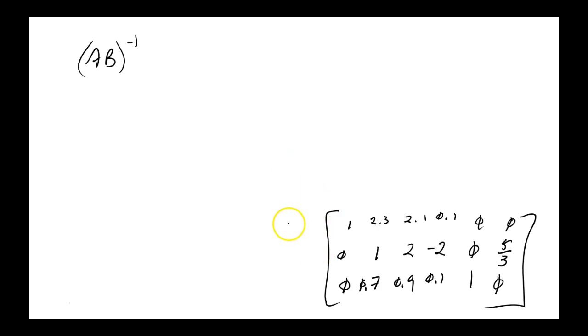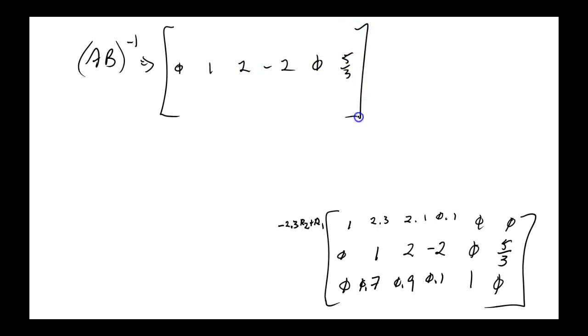All right, so what we're going to do here, just because I like to start with row 1, you don't have to, is negative 2.3 row 2 plus row 1. That should give it to us, right? All right, so I'm going to write down the middle row, 0, 1, 2, negative 2, 0, 5/3. 5/3 is going to be so much fun. All right, so negative 2.3 times 0 is 0.